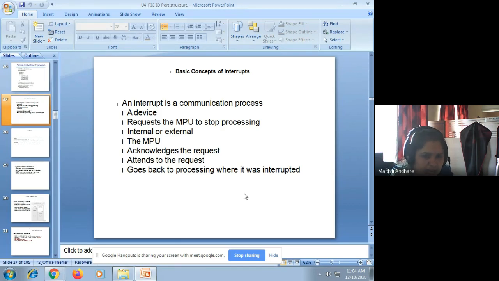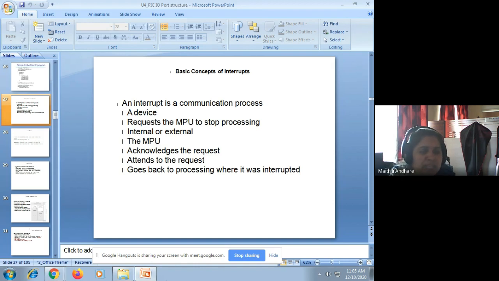According to that, for the remaining operation we have to load the initial value in the timer register and start the timer. Once the timer is started, it starts incrementing. When it reaches the maximum value, it rolls over and the flag is generated. This whole operation is the same as that of your 8051 microcontroller. The only thing is that here some of the timers are used for PWM generation, which is not available in the 8051.